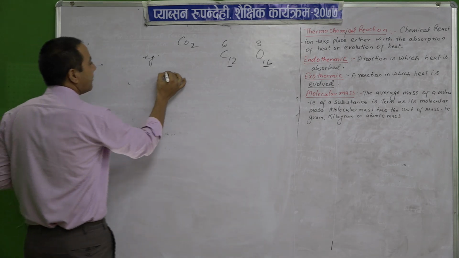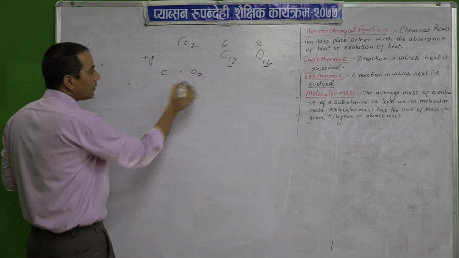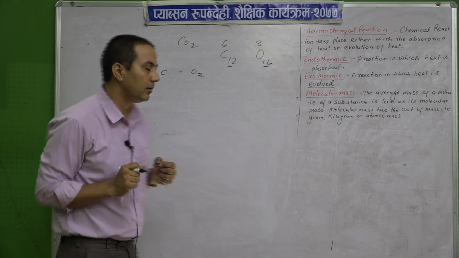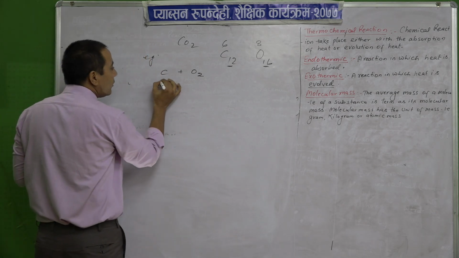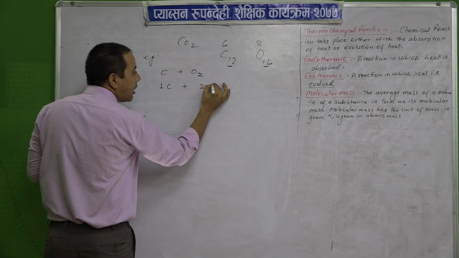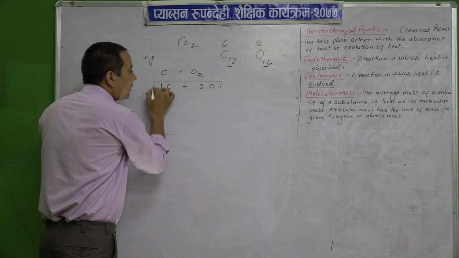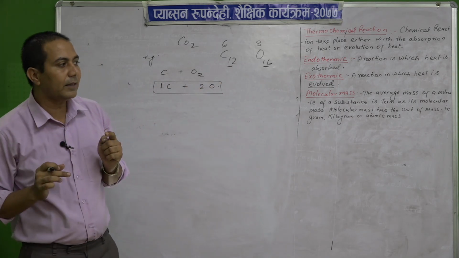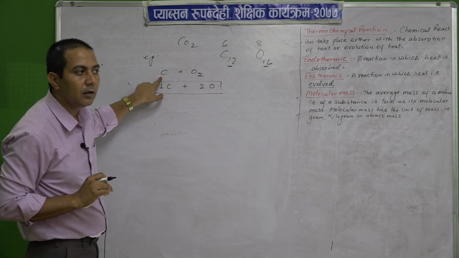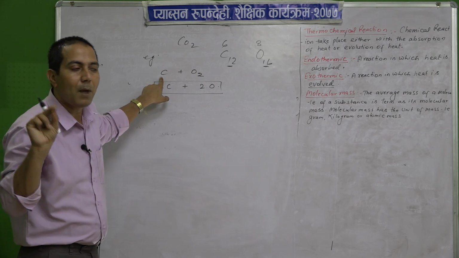Let us take one example, carbon dioxide, CO2. O2 means 2 atoms of oxygen. That means 1 carbon plus 2 oxygen. We are talking about the molecular mass.